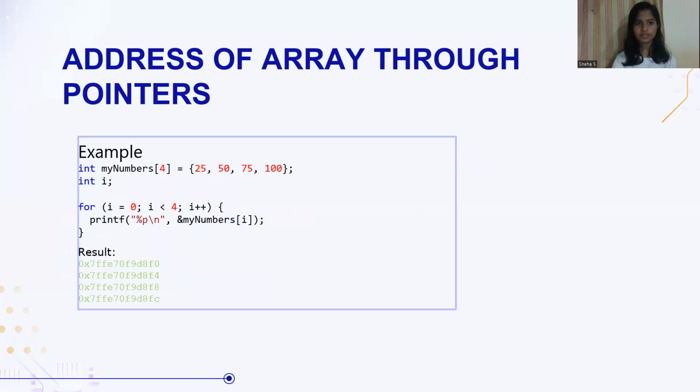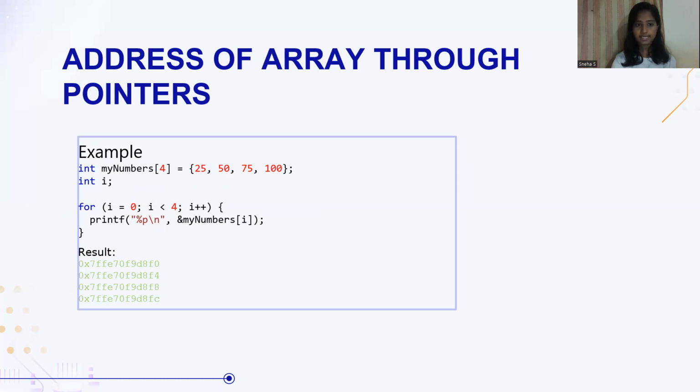Address of an array through pointers. So now we can find out the address of an array using pointers. Here is an example where it says int myNumbers. It consists of 4 elements, which is the size, and the elements are 25, 50, 75, 100. For i is equal to 0, i less than 4, i plus plus. That means we are going to display all the 4 elements.